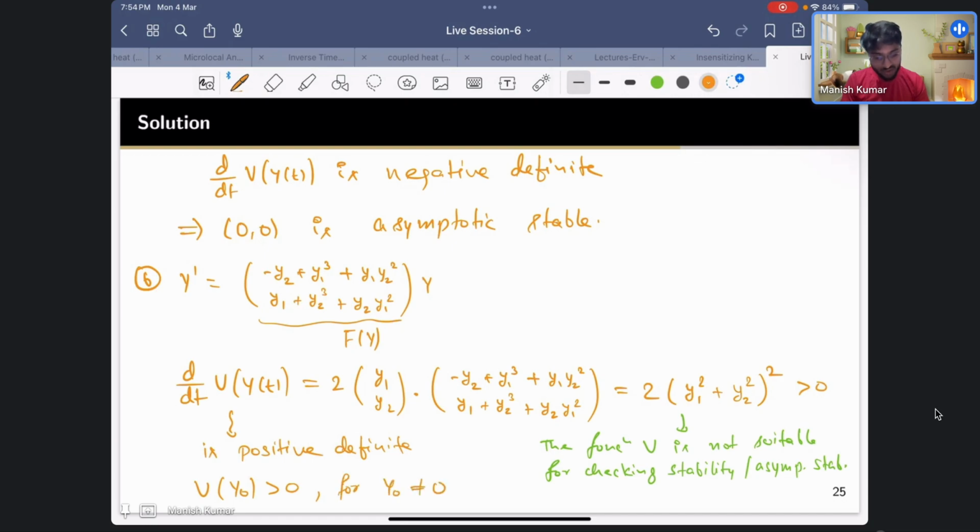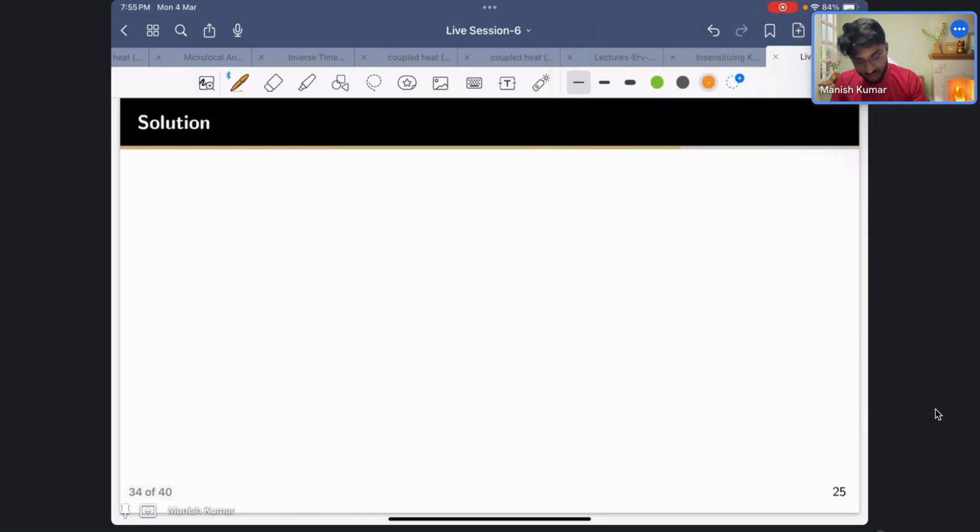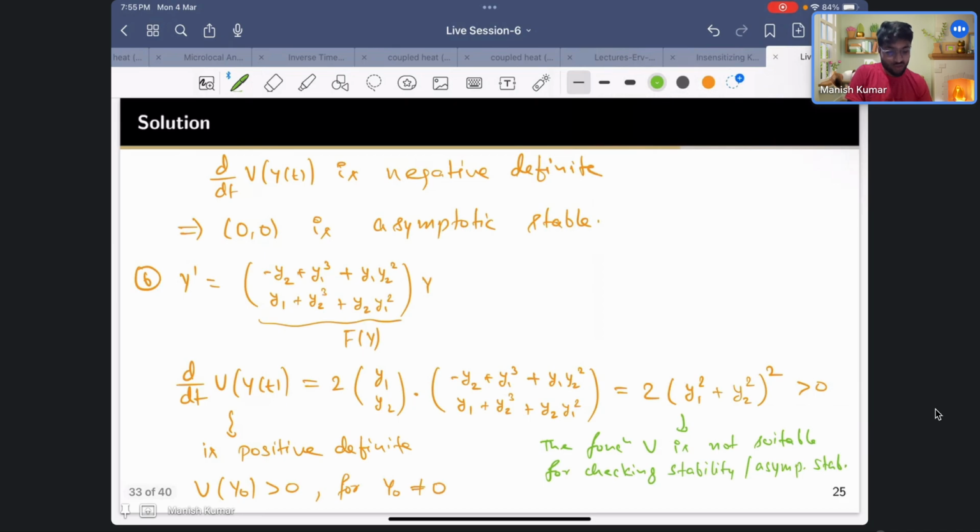This is how we define the functional V. The V is also positive definite. So since the sign matches, we can say the equilibrium point (0,0) is unstable. Right, this is what we can say about this one. So this function is not suitable for checking asymptotic stability or stability, but this works well for the instability.